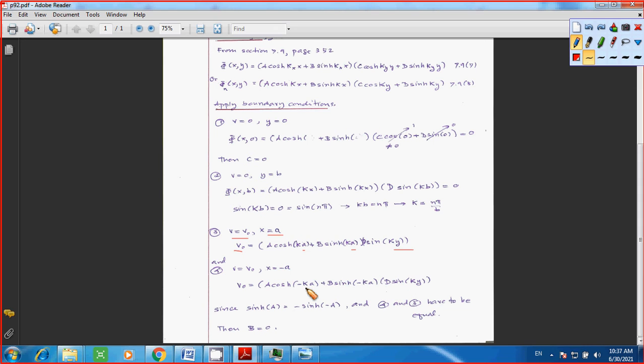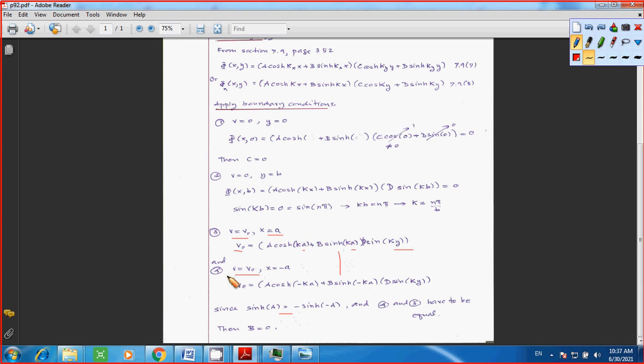Can you do anything? I applied the boundary V equal to V0 at x equal to a, and also I have V equal to V0 at x equal to negative a. But you take a look at these two terms, sinh ka and sinh negative ka.